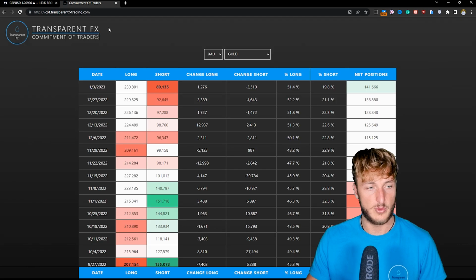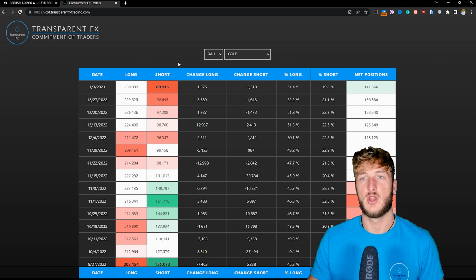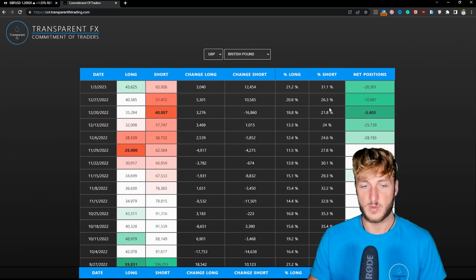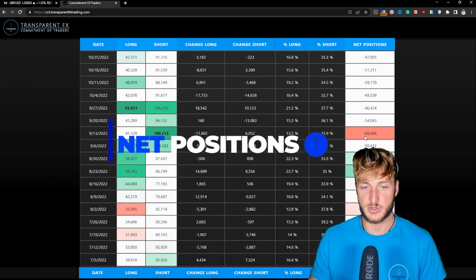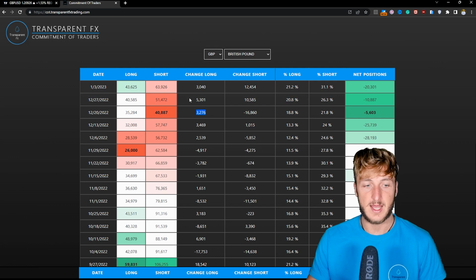Now, if we go and see what we have when it comes to the commitment of traders, so the COT data, which is what the non-commercials, so the biggest speculators in the market are doing, and we check the data for the pound, what we can see is that with the last reports, in the long term, we had a huge increase of the net positions, going from minus 68k to now minus 20k. We still have longs getting added, even though we're now seeing also shorts.